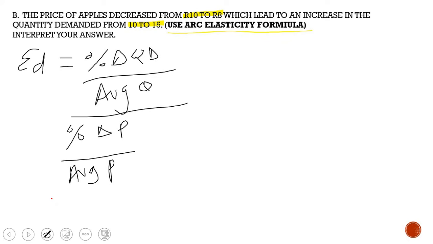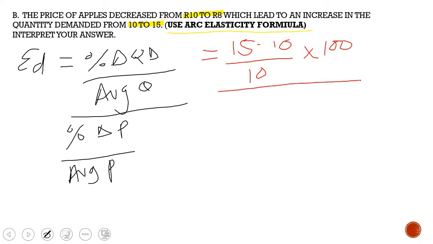So percentage change in quantity demanded is new minus old over old. So quantity demanded changed from 10 to 15. So new is 15 minus 10 over 10 times 100. All over our average quantity, so you're going to say 10 plus 15 over 2.